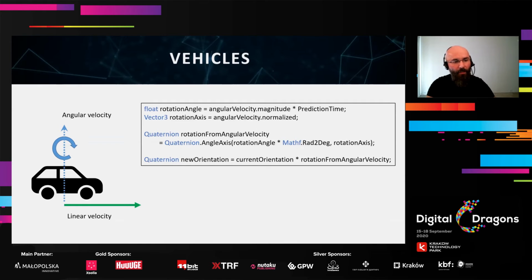Then I am creating a quaternion from that rotation axis and rotation angle, and I'm multiplying the current orientation with that newly computed quaternion to get the predicted orientation in the future. So that gives me an angular change and how the rotation will change for the vehicle in the closest future.